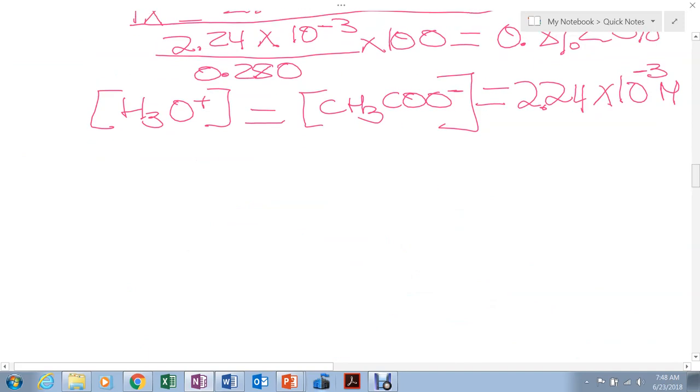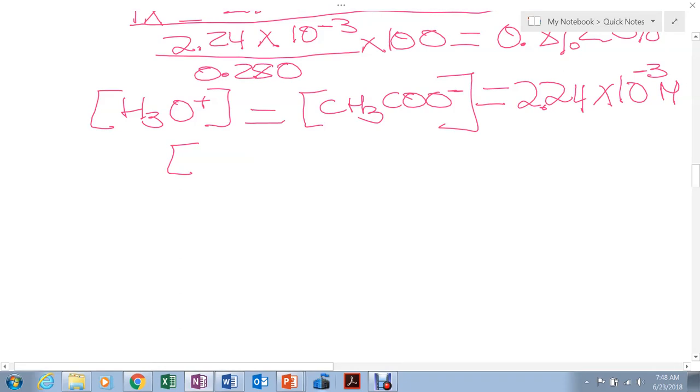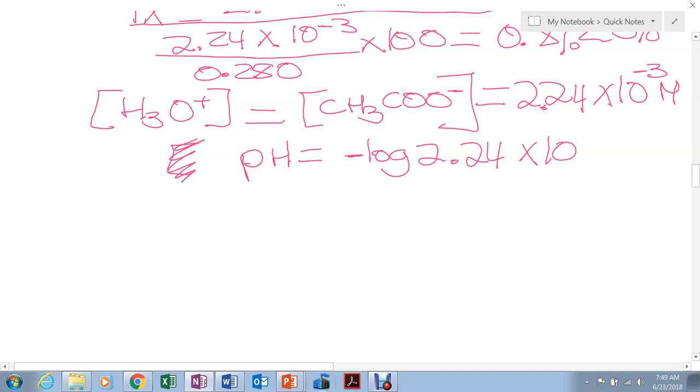Now we have to do the pOH and the pH. So the pH would be the minus log of 2.24 times 10 to the negative 3.